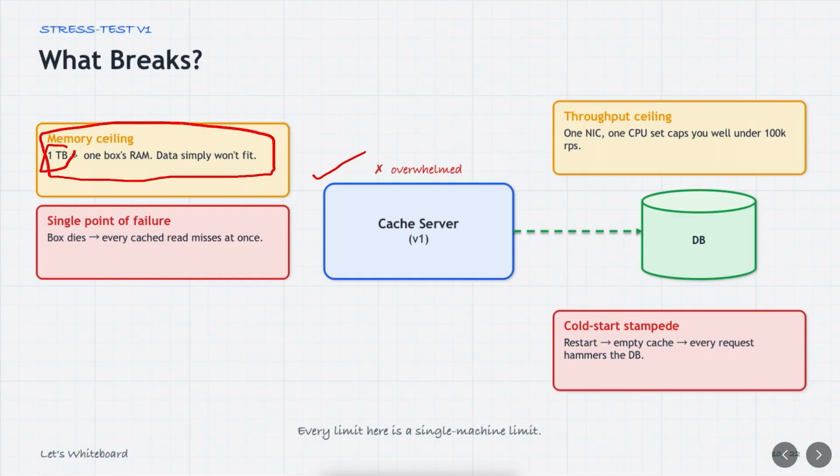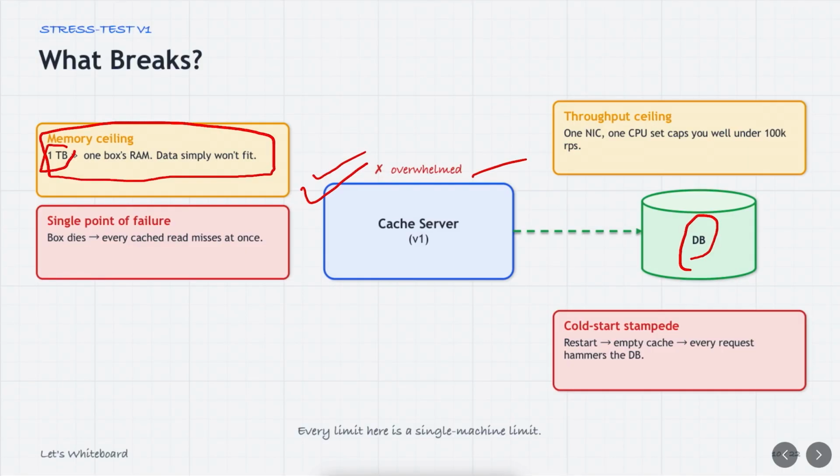The second problem is that it can act as a single point of failure in our system design. If this server goes down, all the requests would go to the database. That means our database might not be able to serve the entire traffic. It might be a huge read traffic, and the system might just get overwhelmed and crash. The third problem is similar.